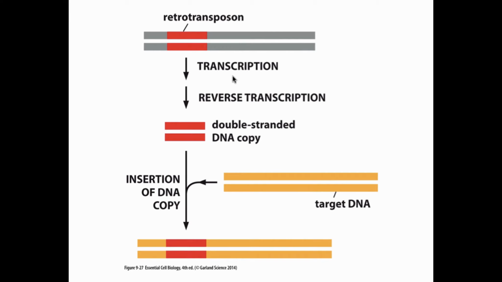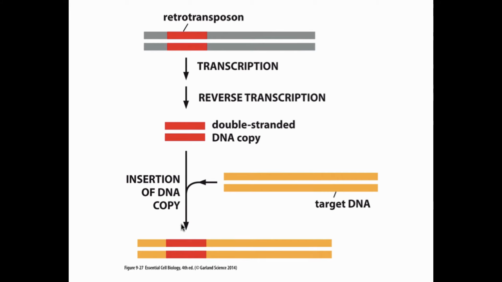That requires the enzyme reverse transcriptase. The double-stranded DNA can then be inserted into target DNA. This can lead to a rapid increase in the number of transposons that are positioned around the genome.